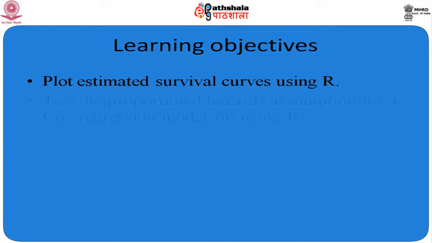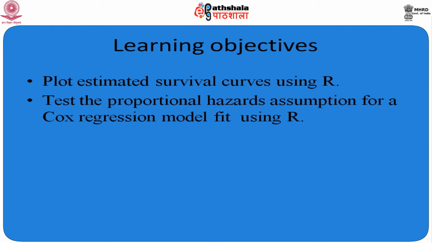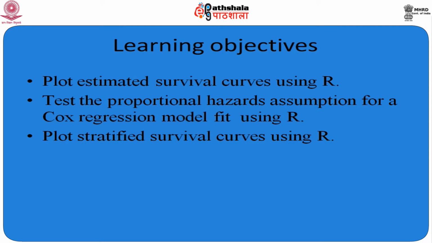At the end of this module, we will be able to plot estimated survival curves using R, test the proportional hazard assumption for a Cox regression model fitting using R, and plot stratified survival curves using R. Let us start.